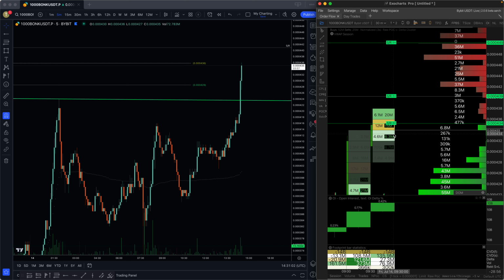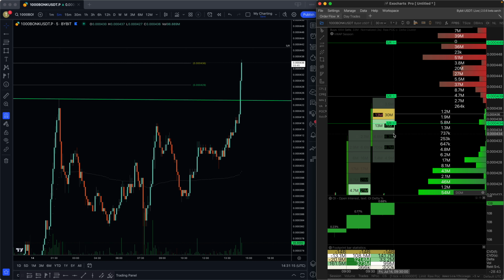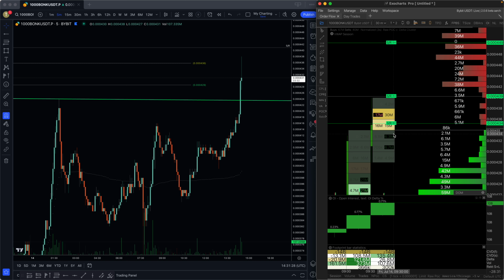Nice. Yeah, that's good volume confirmation right there. Awesome. Leave the volume mode tick.